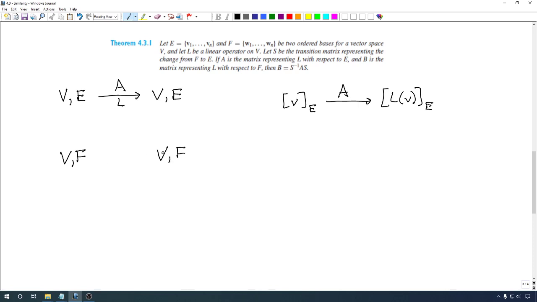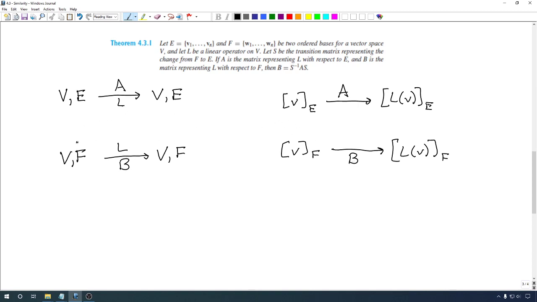And in this case, we're still working with L, but this time the matrix representation is B. So we have the coordinate vector of a little v in the basis F. We still are working with L of v over here, but now still in the basis F, and we just get there by multiplying by B.